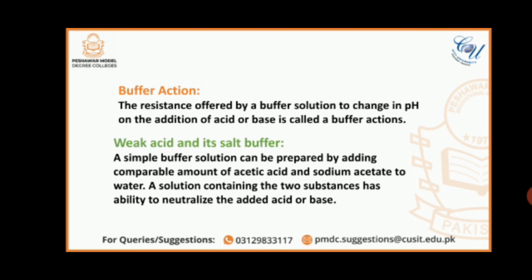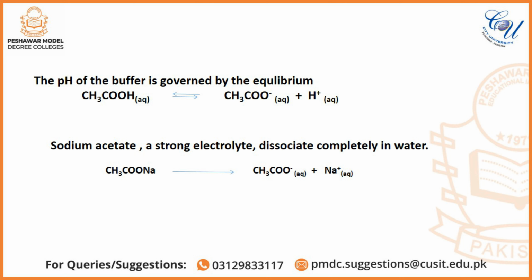A solution containing the two substances has the ability to neutralize added acid or base. The pH of the buffer is governed by the equilibrium. The acetic acid will ionize partially to acetate ion and hydrogen ion, while the sodium acetate, a strong electrolyte, dissociates completely in water into acetate and sodium ions.